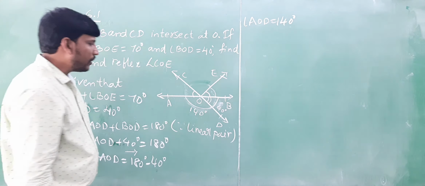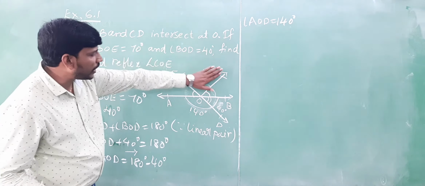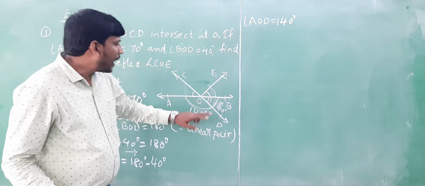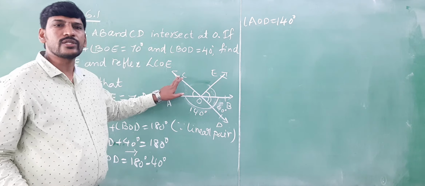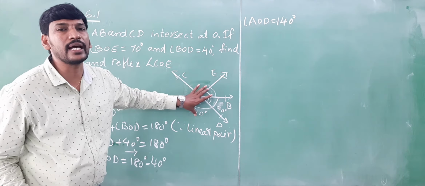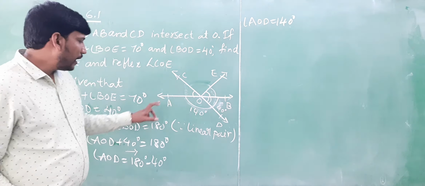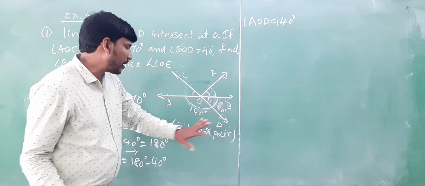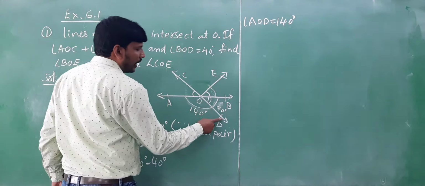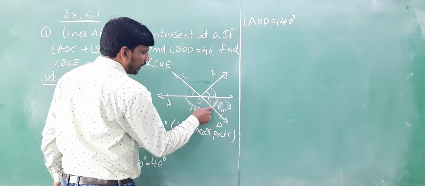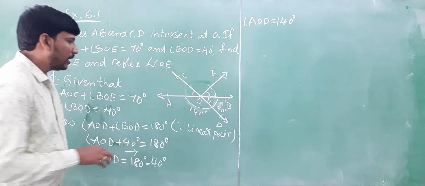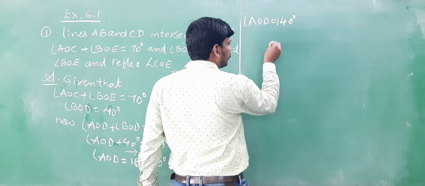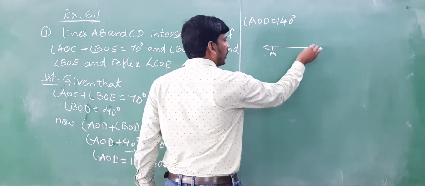Okay, right? Now observe, close this OE part. If I close the OE part, angle AOD and angle BOC are both vertically opposite angles.